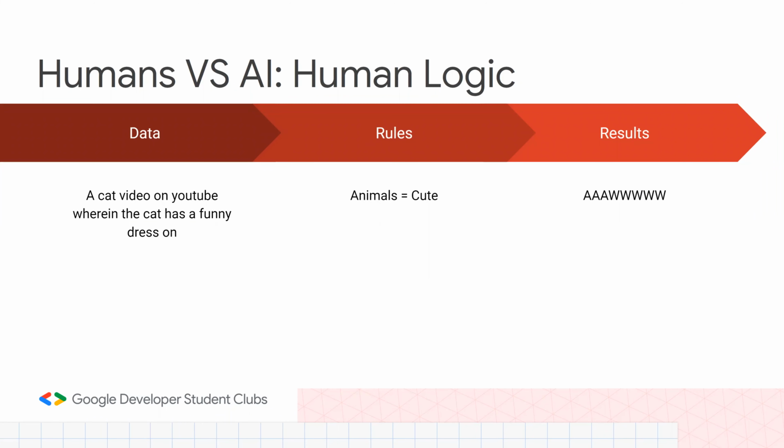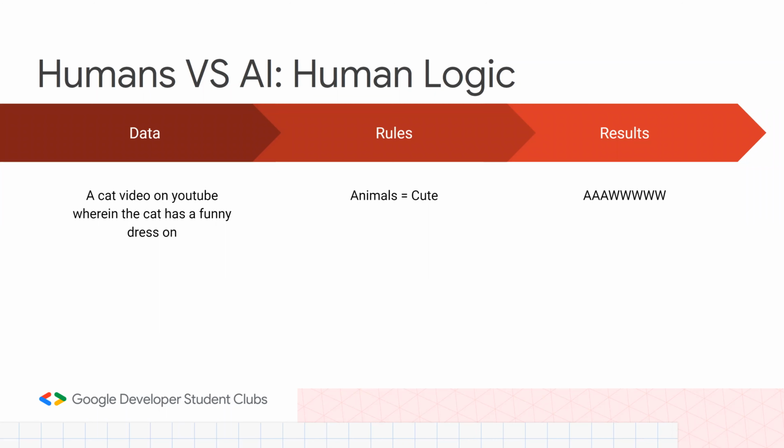Our rules, what we know to do, is associate animals with being cute. The result of that is us going, "Aw," as we look at the video. So that's our logic, and that's kind of how we code nowadays.